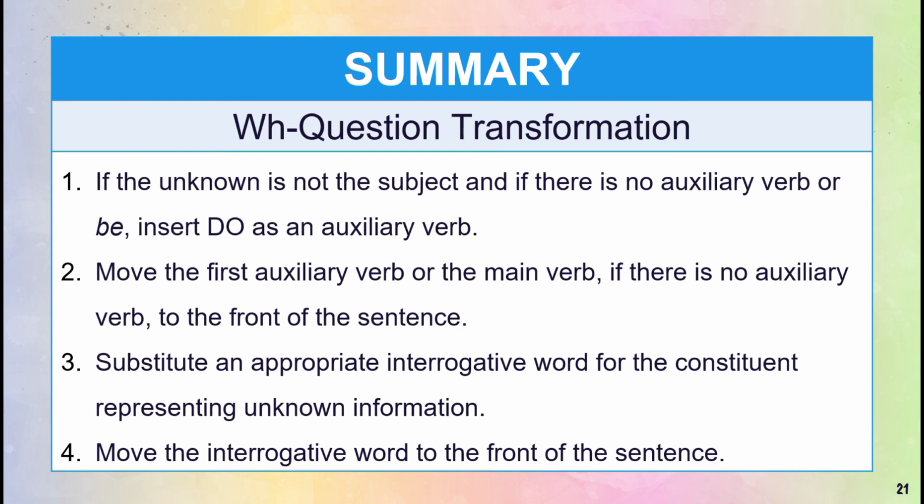Substitute an appropriate interrogative word for the constituent representing unknown information. Number 4, move the interrogative word to the front of the sentence. So that's all. Let's listen to the next reporter, Ms. Balanad. Thank you, Ms. Pineda.